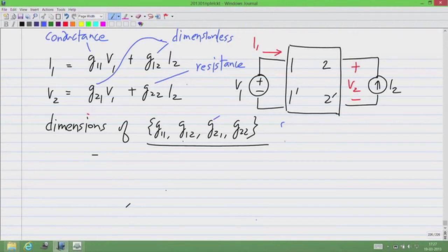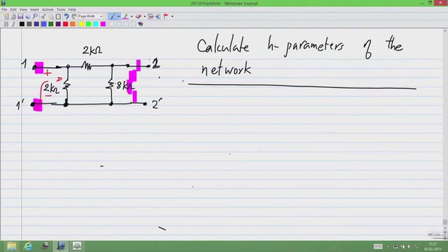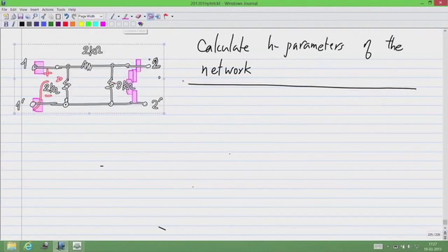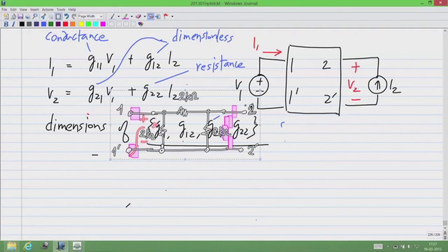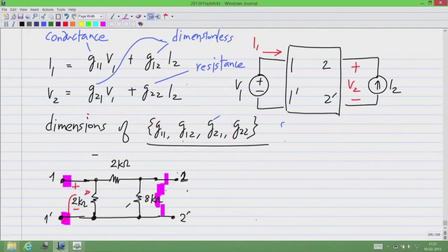So I won't go through this again. You can figure out how to measure G11 and G21, how to measure G12 and G22, what you should do to port number 2 and port number 1 and so on. I think you'll be able to do this for yourself. And also, as before, just to get some practice, calculate the G parameters of this circuit.